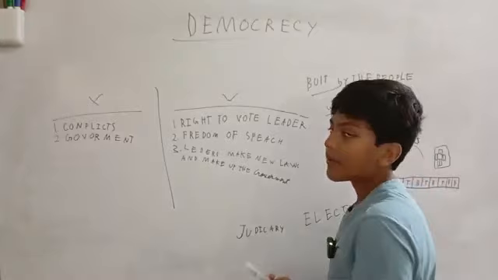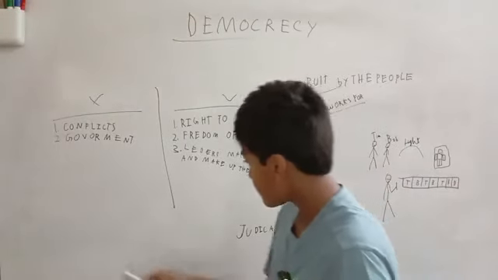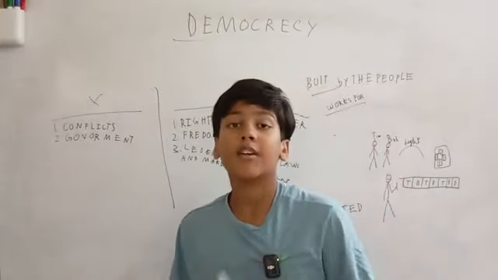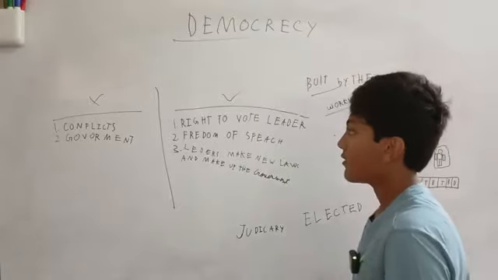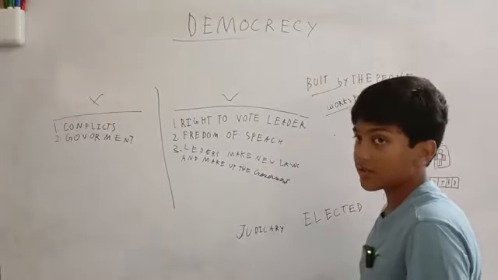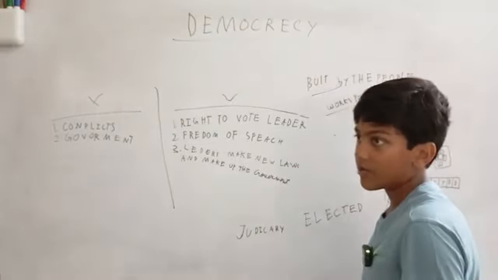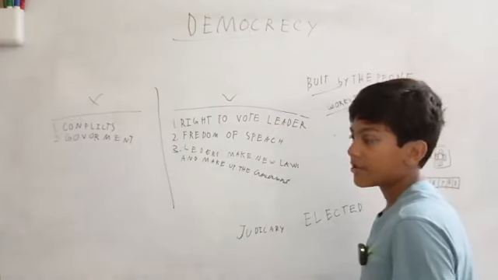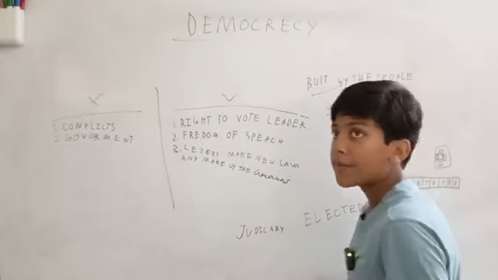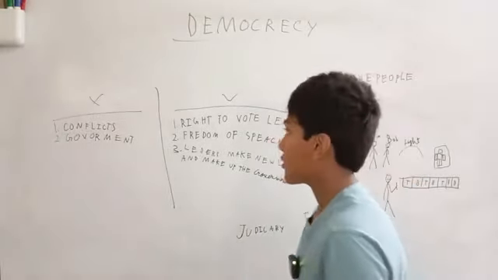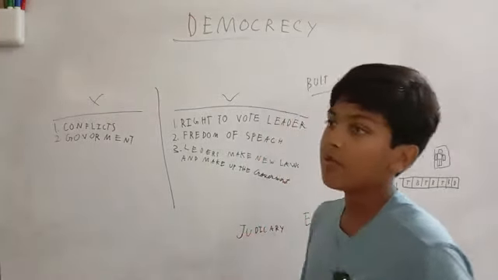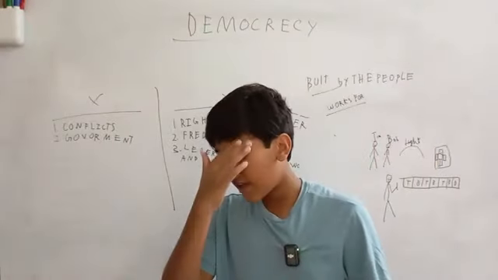Let's just say there's this country, such as maybe ours, and it's being ruled by a tyrannical king. One day, the king gets overthrown, and now the people have freedom to do what they want, right? So they'll make up a government system, and these parties will come in, and whoever gets the most votes will be elected.